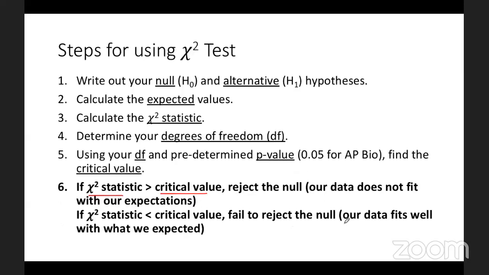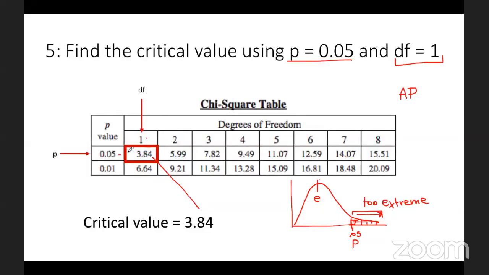So if we go back to this table here, you'll notice that the critical values increase as you get a smaller p-value. And that sort of makes sense, right? So the critical values increase this way. So the critical values are increasing as you move this way on the graph.